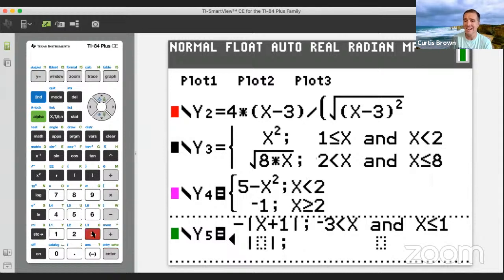But the older TI-84 Plus and the older TI-83, neither of those will have the Piecewise template in the menus there, but you can still do piecewise functions on those. It just takes a bit more of the logic piece. You have to multiply or divide by some certain conditions in order to make those pieces happen.